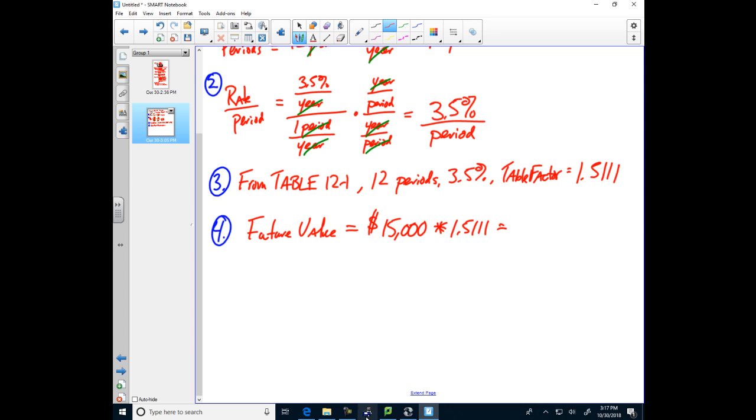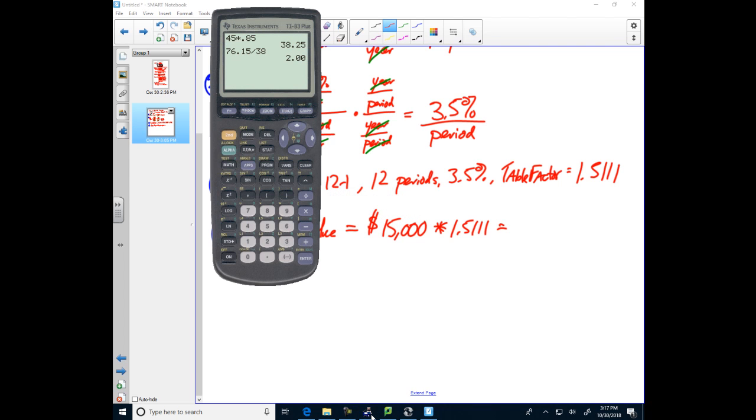Calculator. So we don't even need a calculator until we get to step 4. Calculator, 15,000 times 1.5111. Enter.